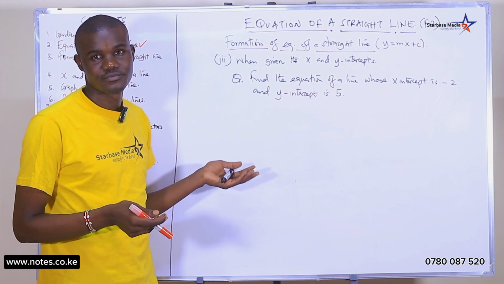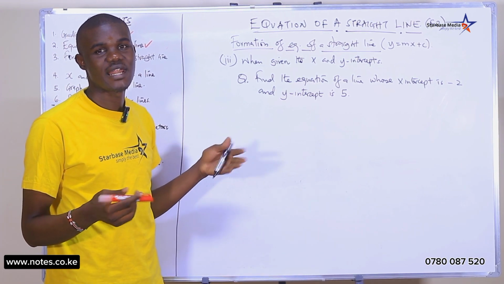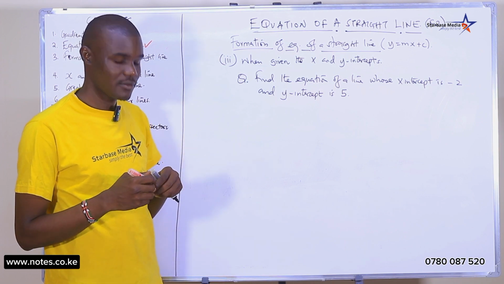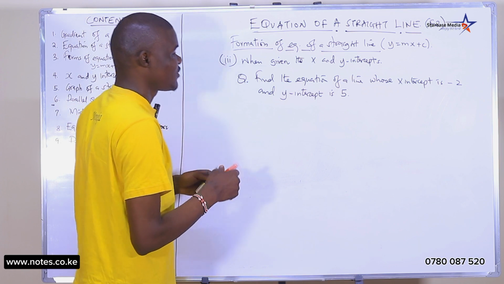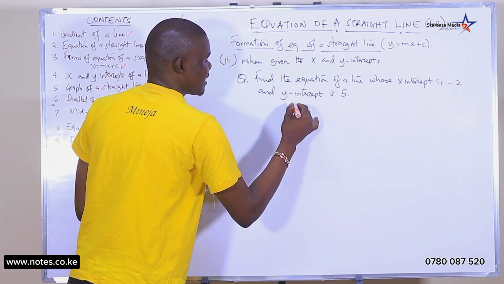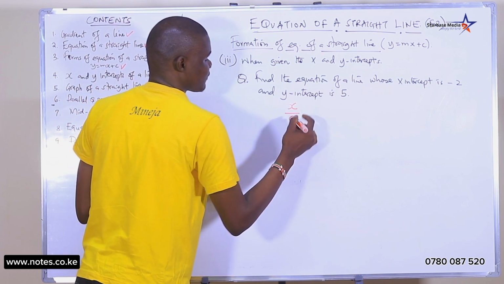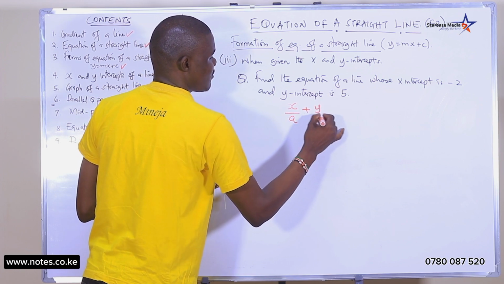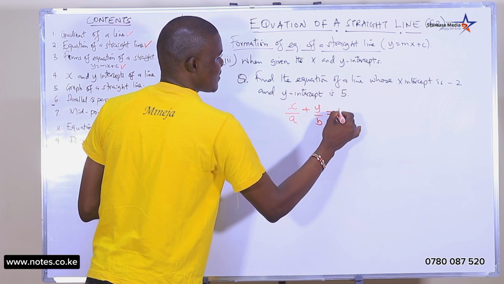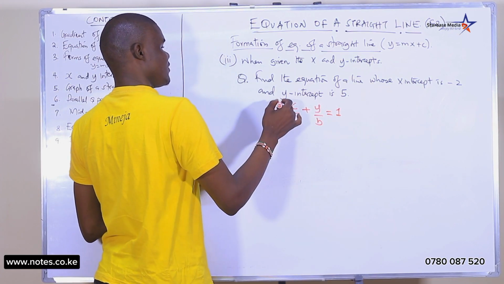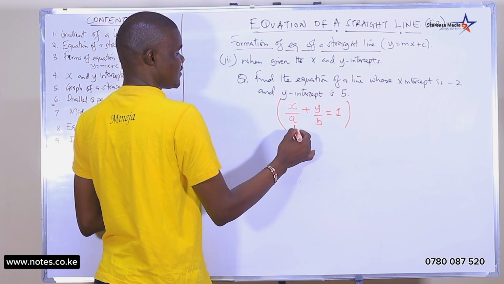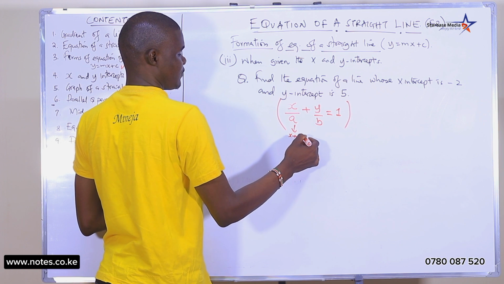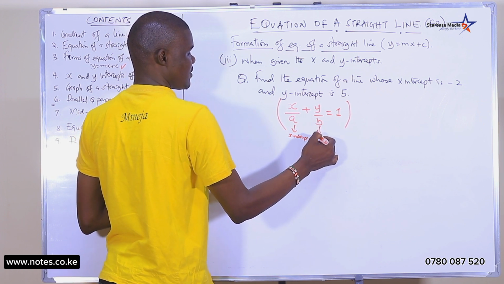Very simple. You use the double intercept form. The double intercept form is given by this formula: x over a plus y over b is equals to 1. This is the double intercept format, where a is the x-intercept, b is the y-intercept.